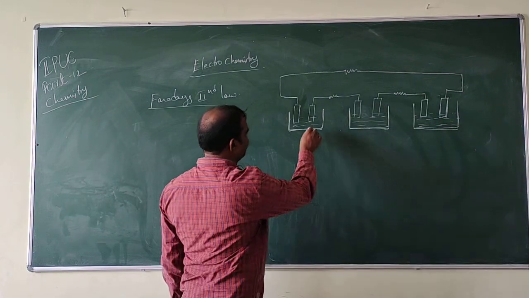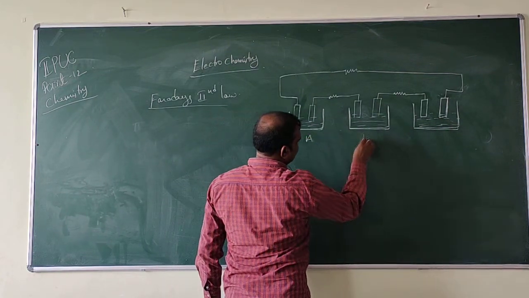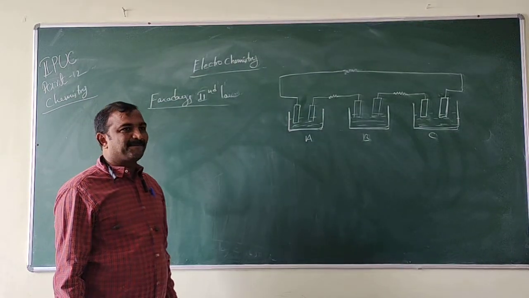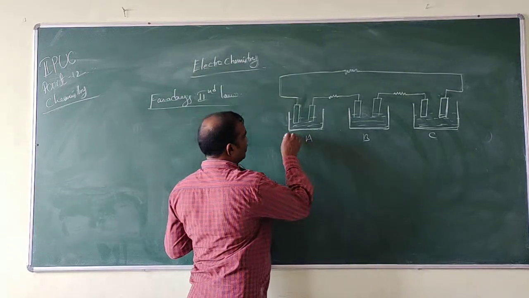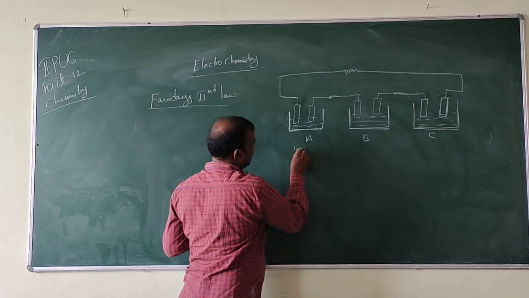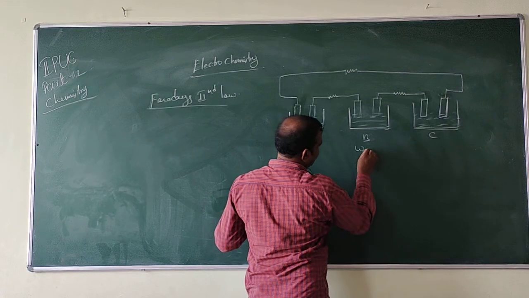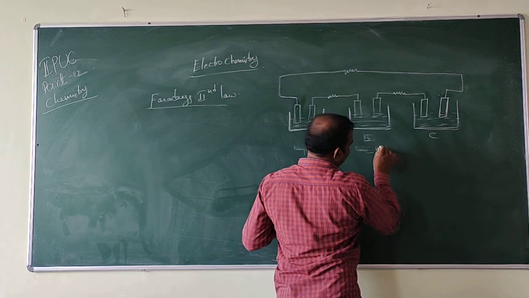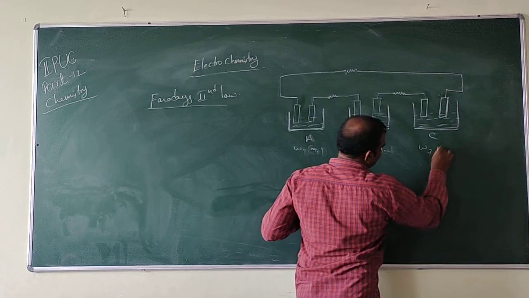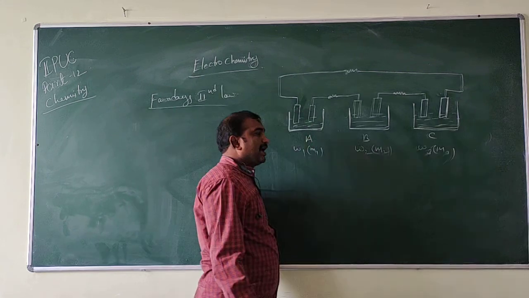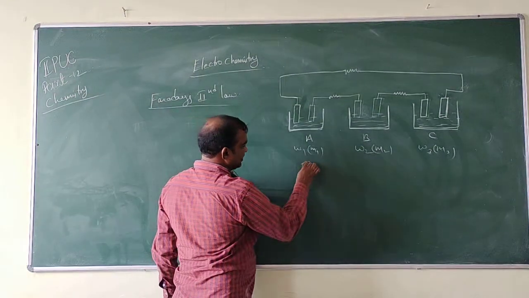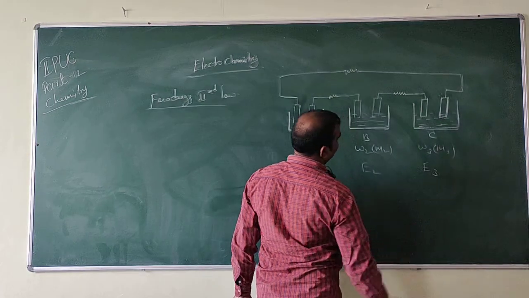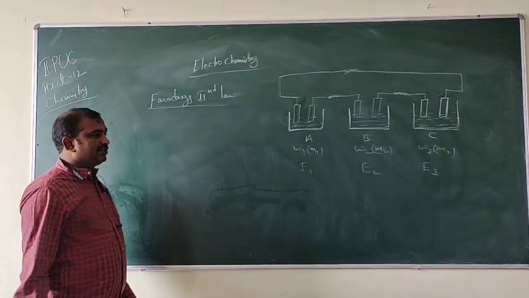This is A, this is B, and this is C. For these you take the masses as W1, W2 and W3, or M1, M2 and M3, and their equivalent weights as E1, E2 and E3.